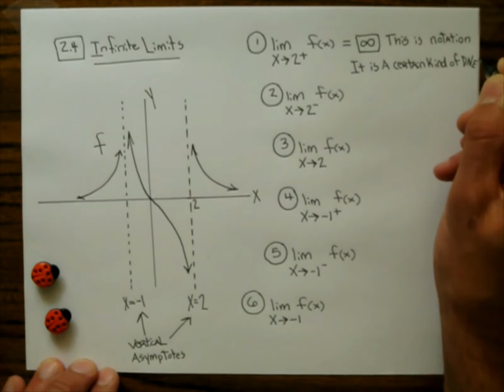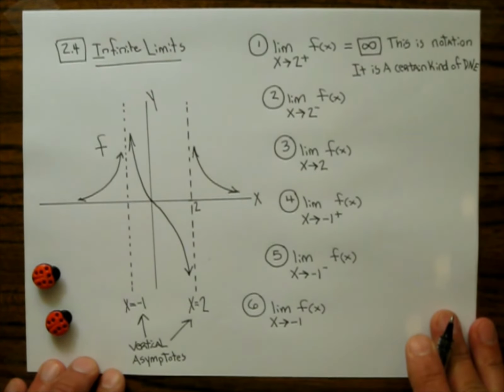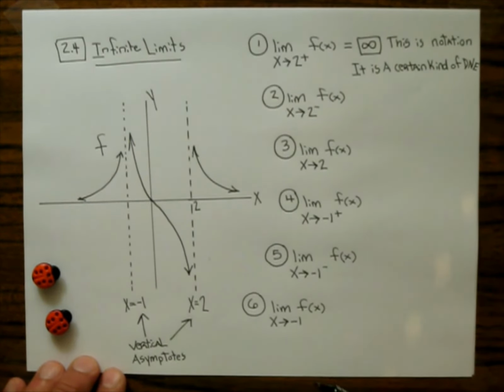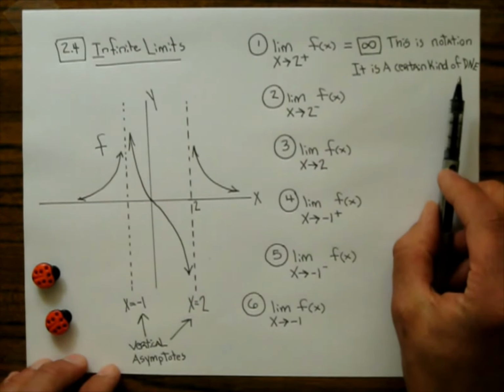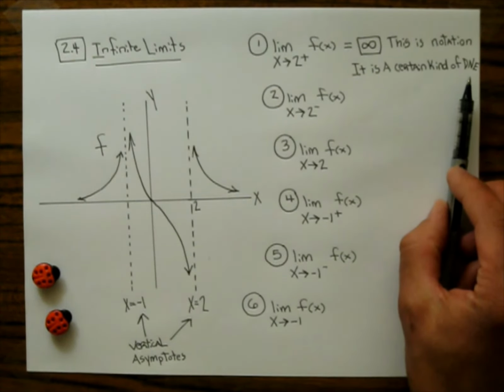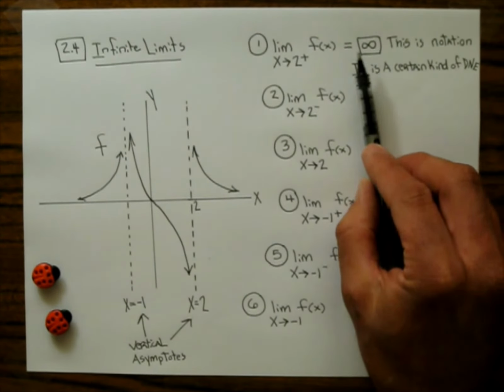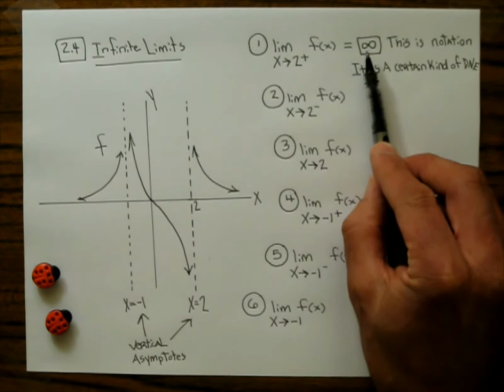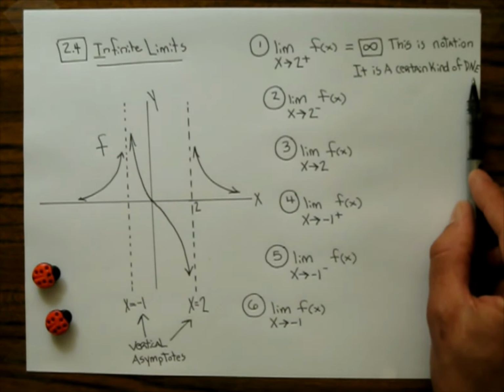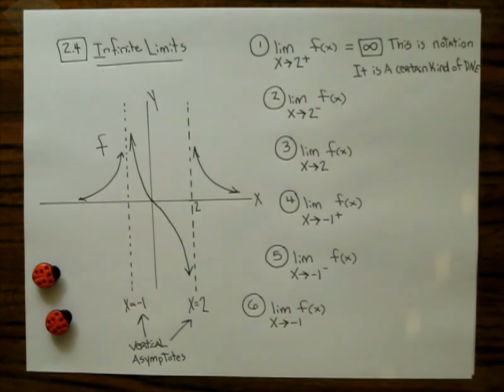So I only have room to write that right there. So it's a certain kind of does not exist. Okay, so we cannot just have just any limit that does not exist. We cannot label it as infinity, but when you see that the limit equals infinity, it is also a certain kind of does not exist. Let's go to the next one. You'll get more comfortable with this as we do more examples.